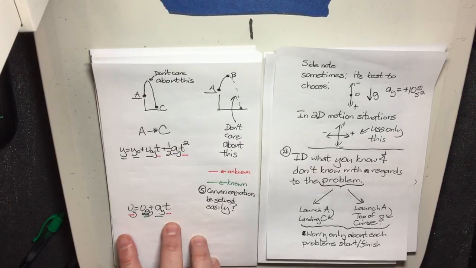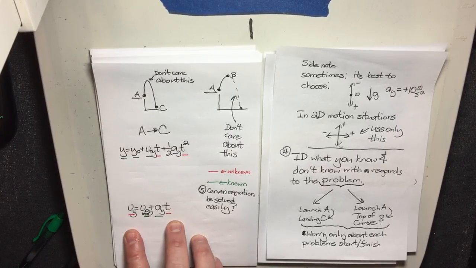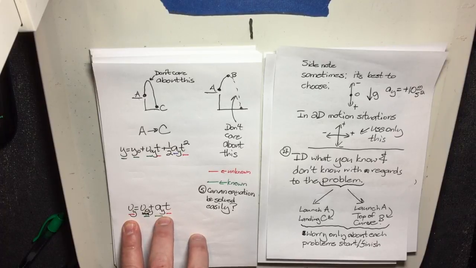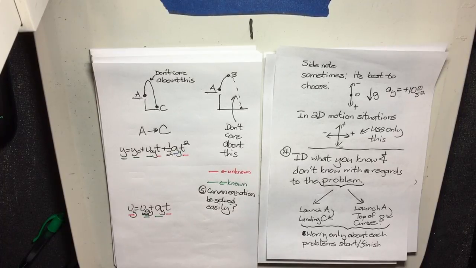How many unknowns do I have in this equation? There are 2. So can I solve for t? No. Could I solve for v sub y? No. That equation is useless to me at the moment.